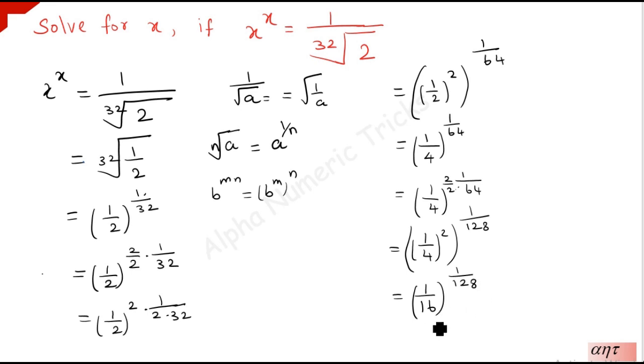Here also the terms are not the same, so again we do the same process: multiply and divide by 2 in the power. So we have 1 over 16 whole to the power 2 over 2 times 1 over 128.